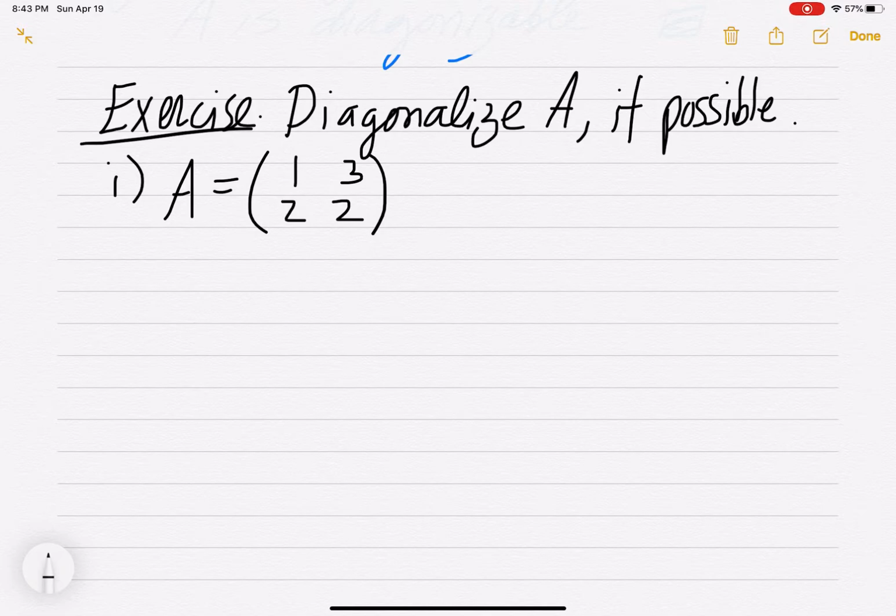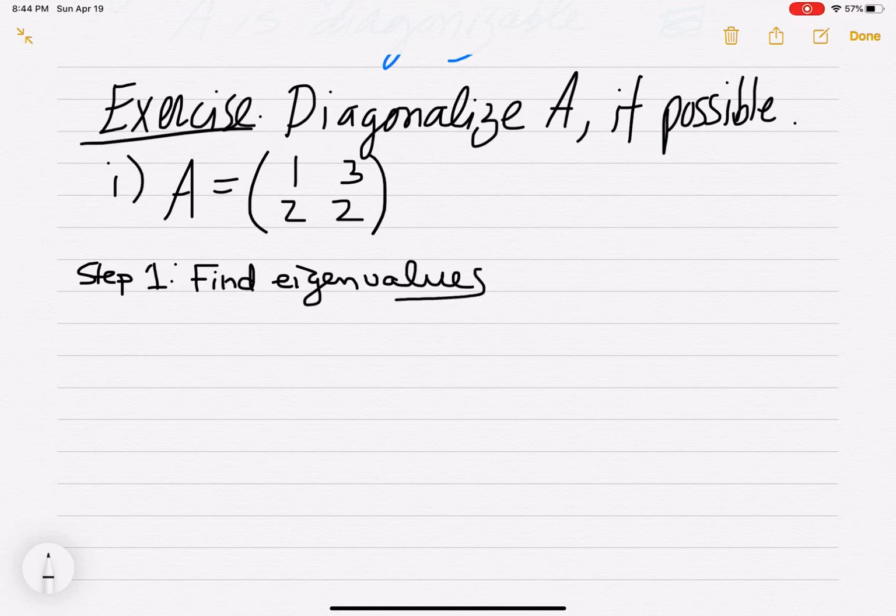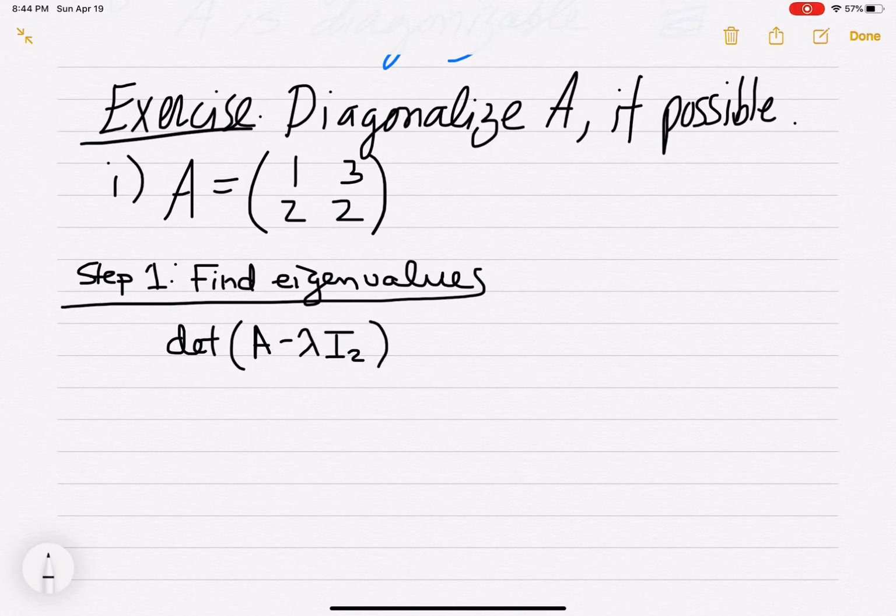All right. So the first step, we're going to find the real eigenvalues. We're going to look at the characteristic polynomial set equal to 0. So that's the determinant of A minus lambda I2 equal to 0.